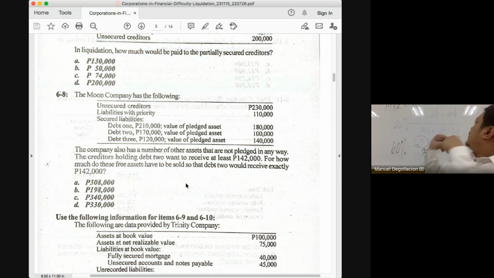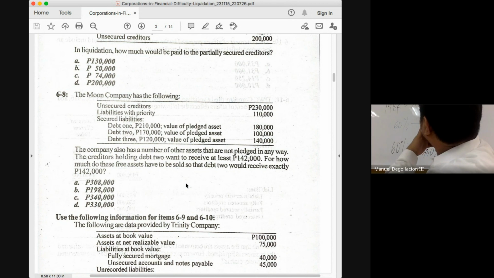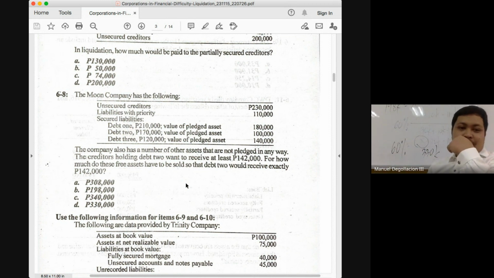No. Yeah, it's included there. Because the answer should be 288,000. Okay, we'll stick to 288,000.